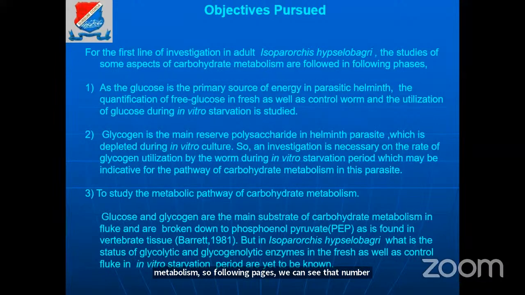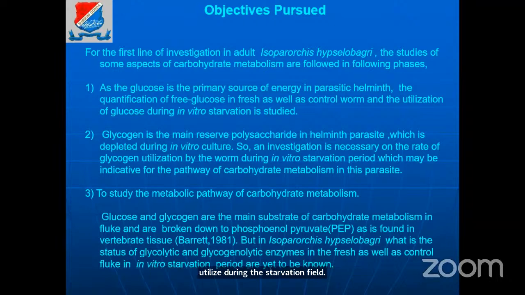The quantification of free glucose is very much essential for the live parasites, and how they utilize the glucose during in vitro starvation is also studied. We placed the parasite in the in vitro culture media, and we studied how they consume or utilize it during the starvation period.